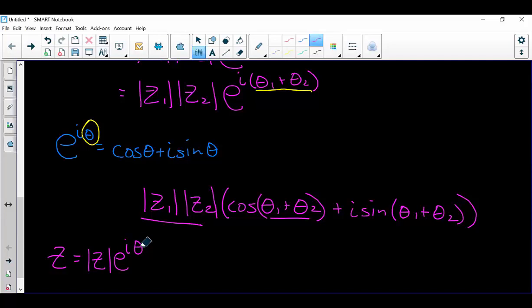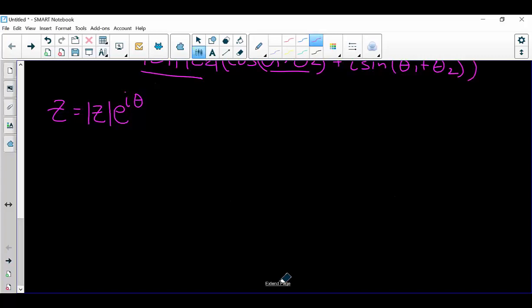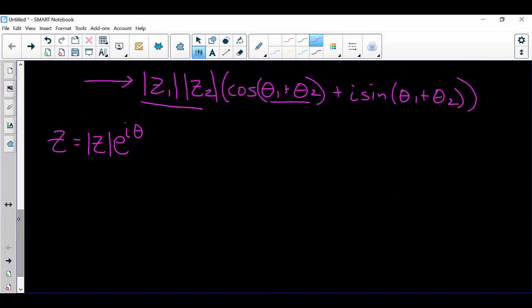Right here, we've just developed the formula for multiplying two complex numbers together. Now, let's suppose that we want to raise a complex number to a power. Let's suppose I want to find z to the kth power. Well, that would mean this whole side over here is raised to the kth power.